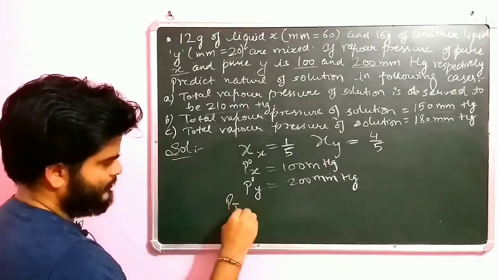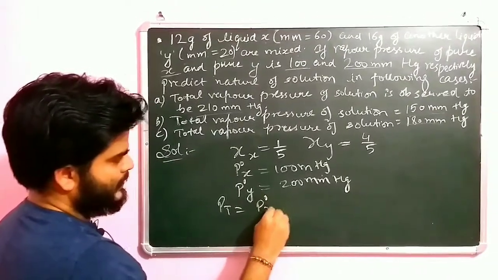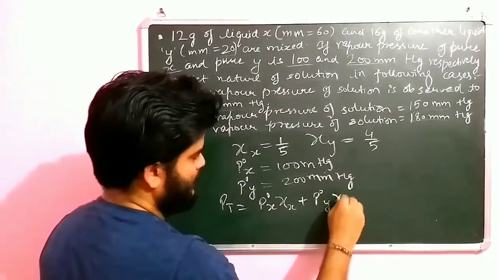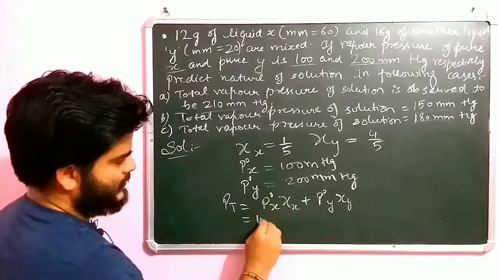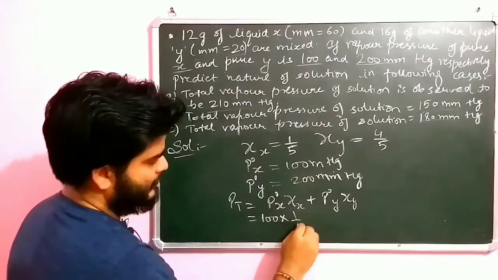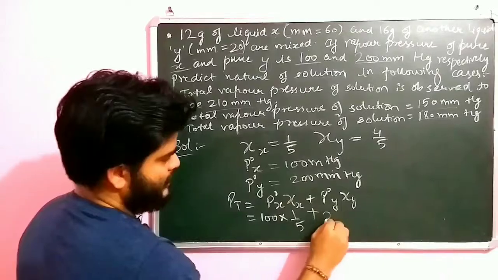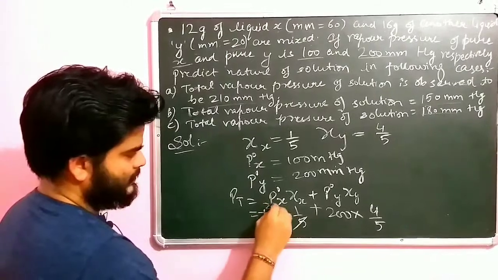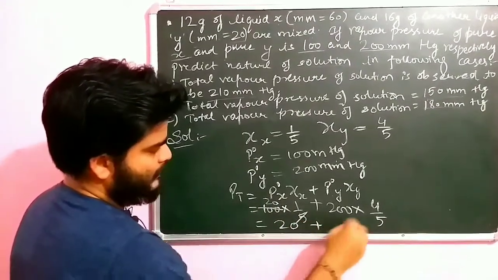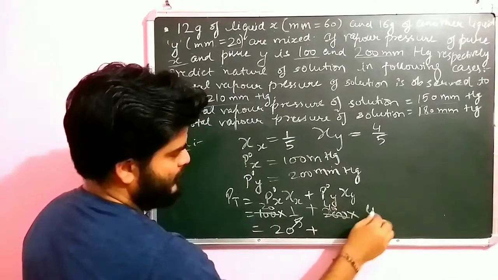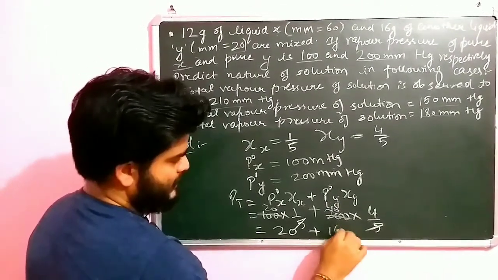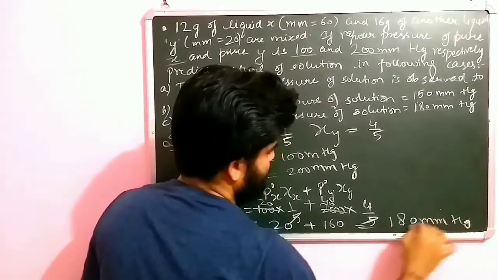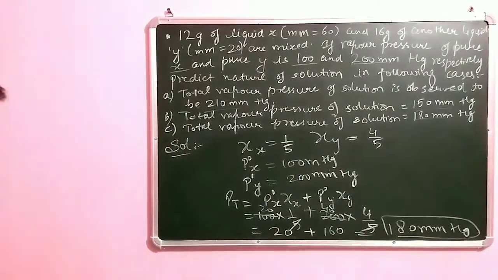We just have to put the values: P naught X into mole fraction of X plus P naught Y into mole fraction of Y. So this is 100 into 1 by 5 plus P naught Y is 200 into 4 by 5. Divide this, it comes out to be 20 plus 40 into 4 is 160. So this is 180 mm Hg. This is the total vapor pressure of solution.